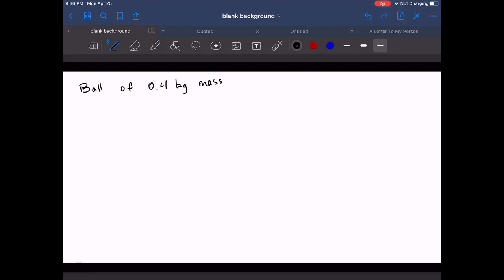What about an elastic collision? In an elastic collision, momentum is always conserved, and kinetic energy is also conserved. Yes. So momentum is always conserved in both types of collision, and kinetic energy only in elastic.